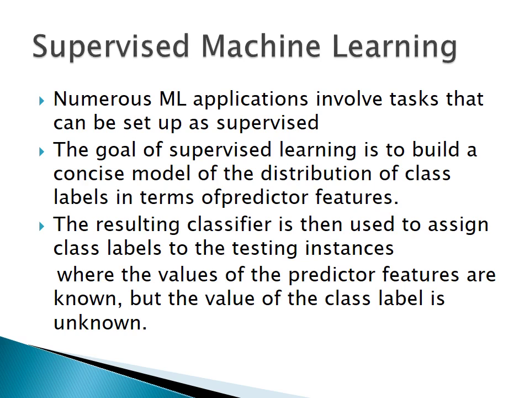In this PPT, we only discuss supervised machine learning. Numerous machine learning applications involve tasks that can be set up as supervised. The goal of supervised learning is to build a concise model of the distribution of class labels in terms of predictor features. The resulting classifier is then used to assign class labels to the testing instances where the values of the predictor features are known, but the value of the class label is unknown.